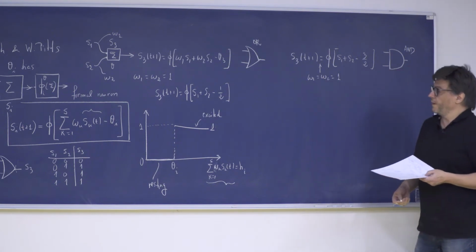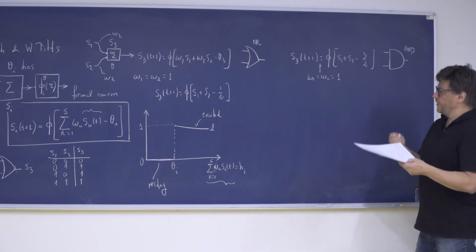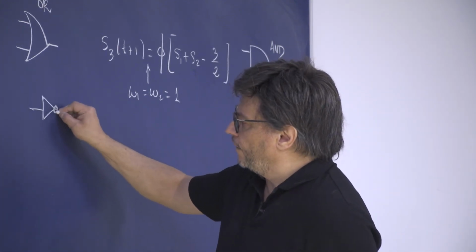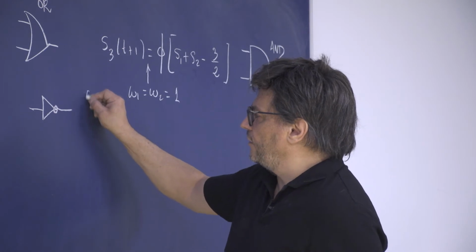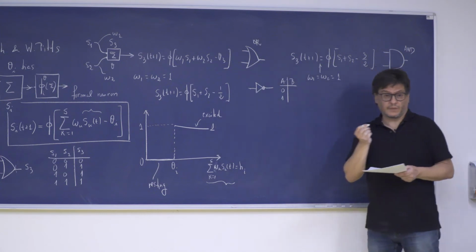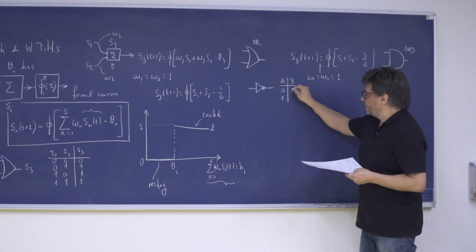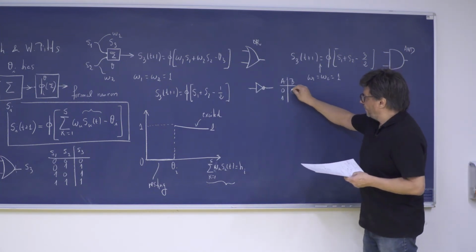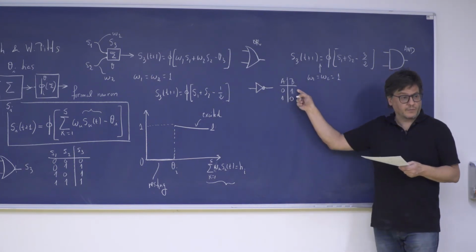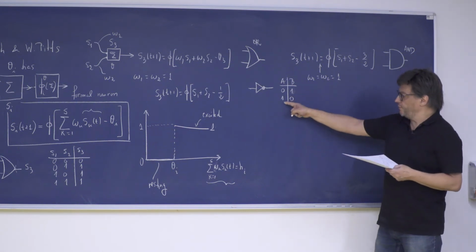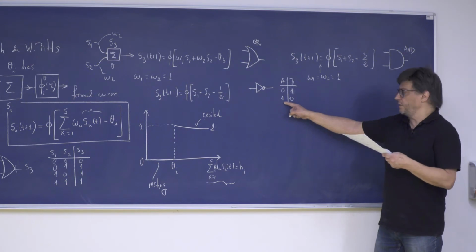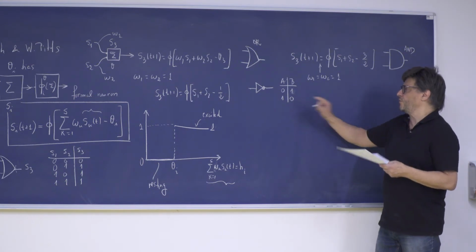So what about a NOT gate? A NOT gate is peculiar, isn't it? Because a NOT actually inverts the logic. So what happens here is that if I enter a 0, I get a 1 as an output. If I have an input that is excitation, the outcome is inhibition, non-excitation.